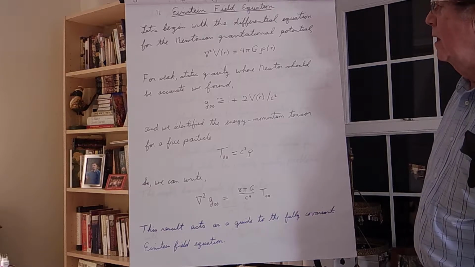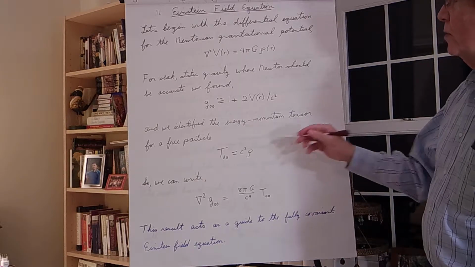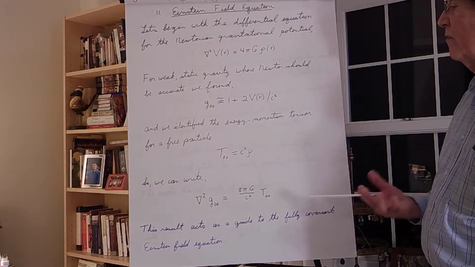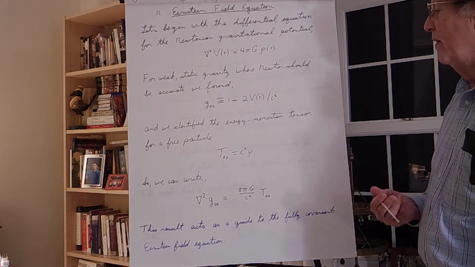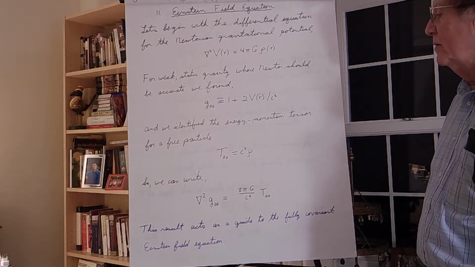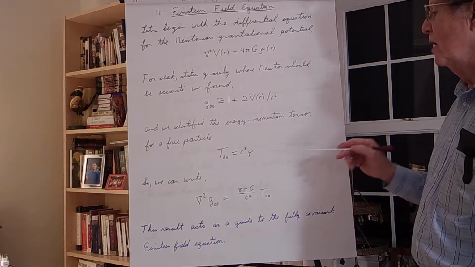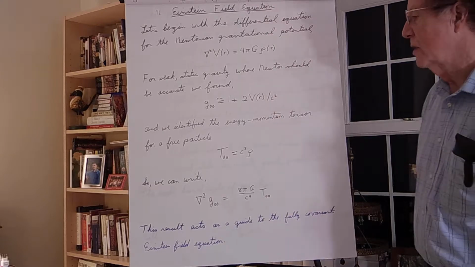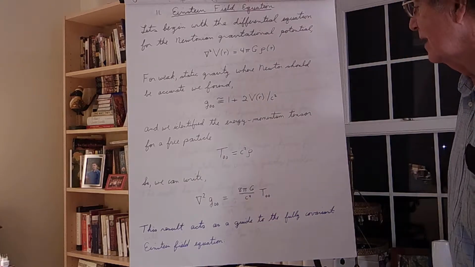We also looked at examples of a fixed particle, and if it's moving very slowly, then it has an energy momentum density, which is given by c squared times the mass density.